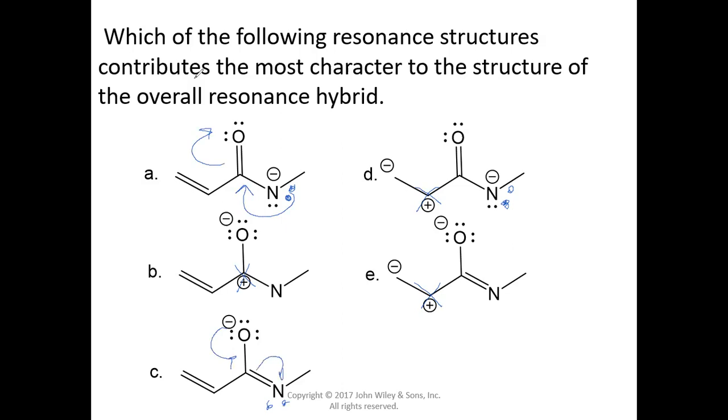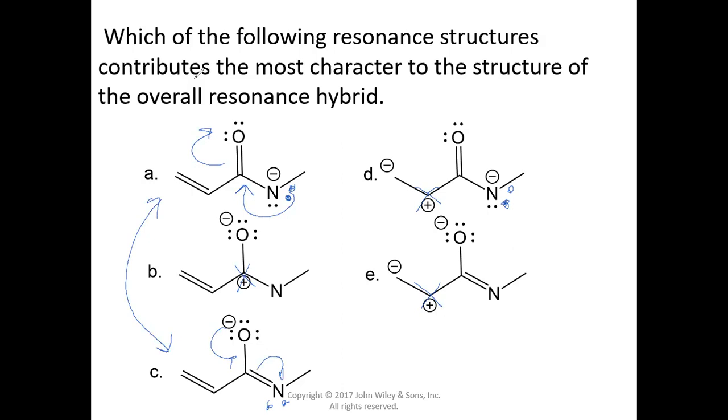Between these two resonance forms, those are the two things. And basically the idea here is that every atom has a full octet, right? My charge is still conserved. I haven't violated that. I have maximized the amount of bonds. I have minimized the number of lone pairs. The only difference is which atom is more electronegative.